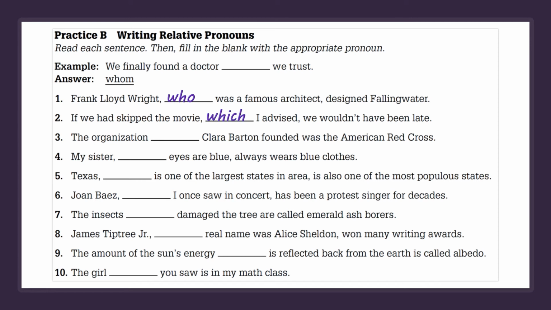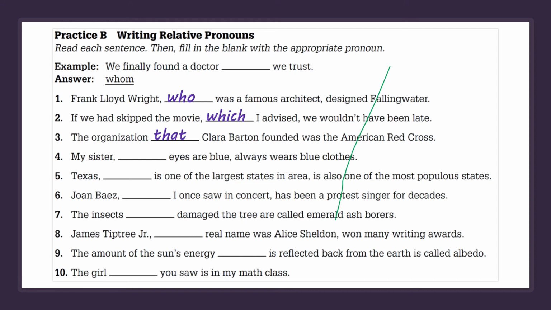Number 3, the organization that Clara Barton founded was the American Red Cross. And as you know, that is used for both people and things. In this case, a thing. Oh, so number 4.